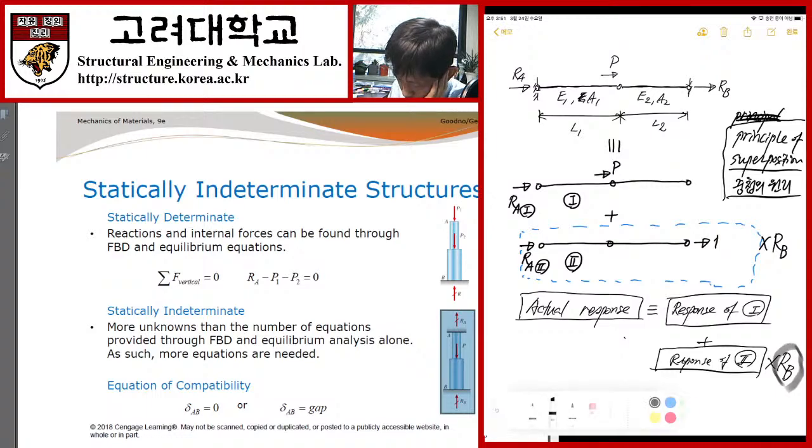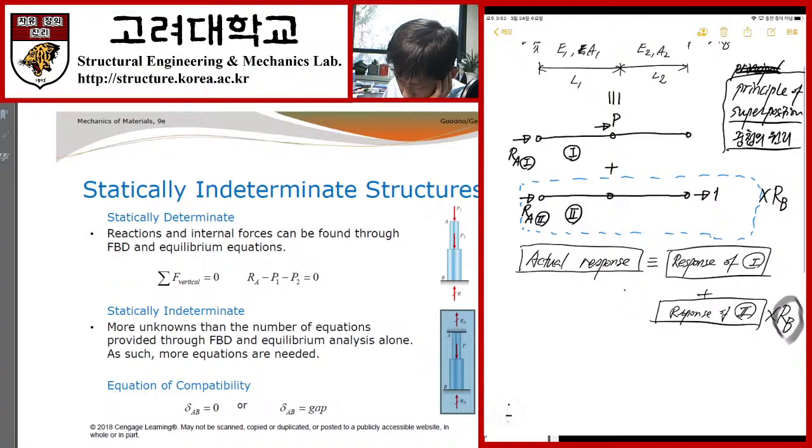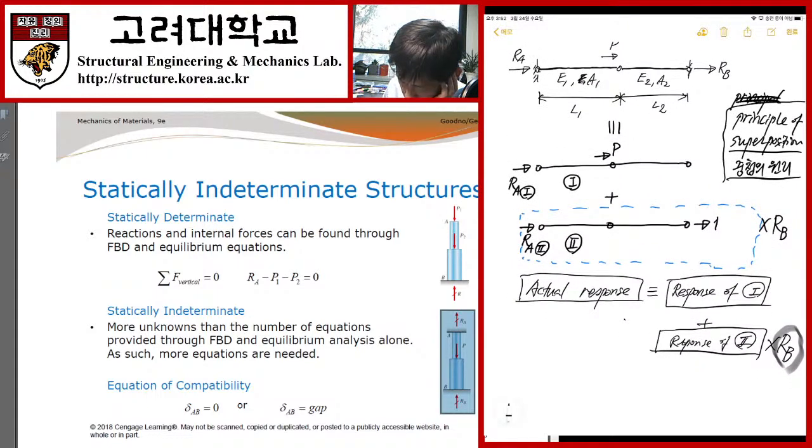So RB is unknown, isn't it? And then for system 1, if you consider a suitable boundary condition, let's say this is my boundary condition.